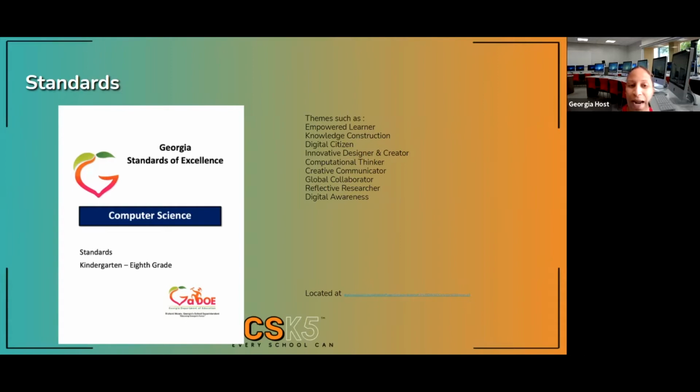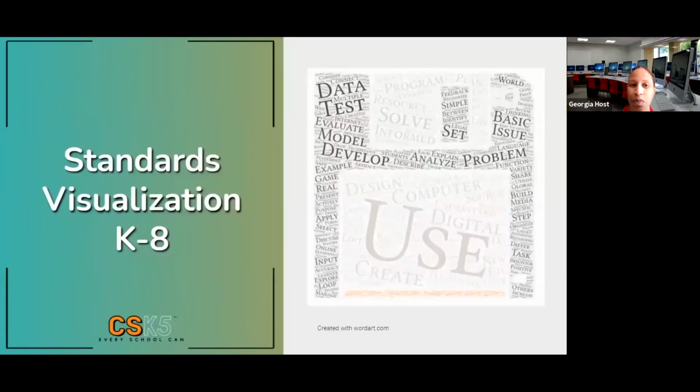And so this is a good idea to get your teachers to come up with themes as well when they're building a curriculum around CS to help students engage in the content. And so standards for K through 8, a visualization.